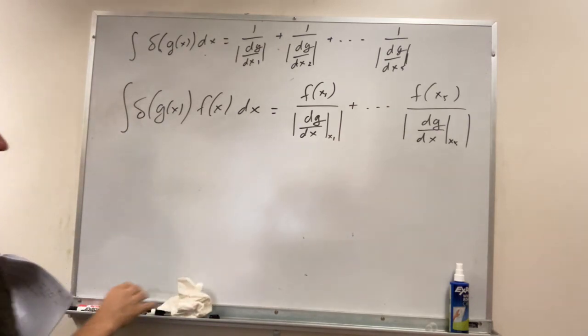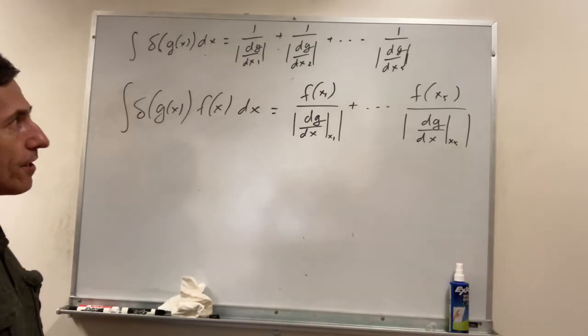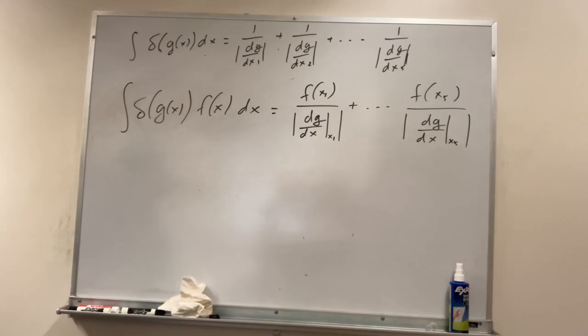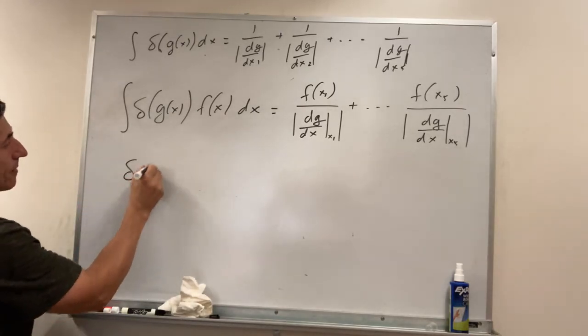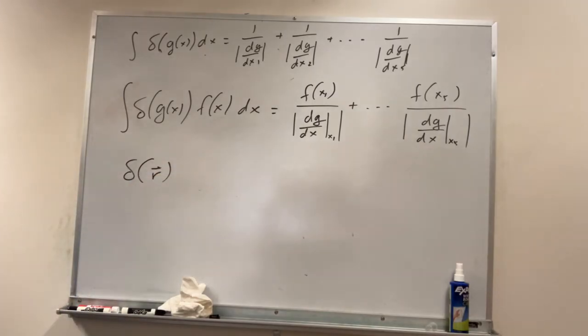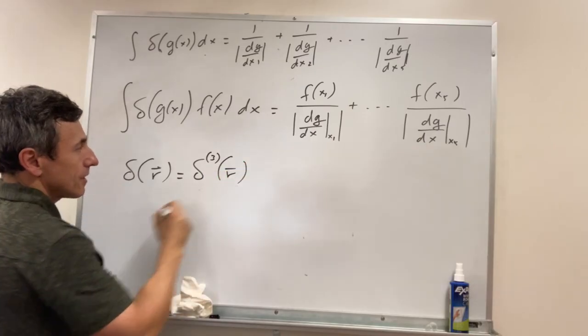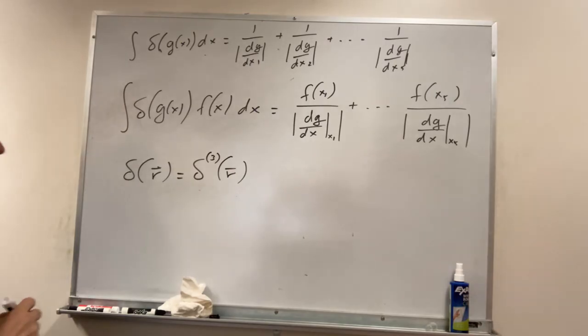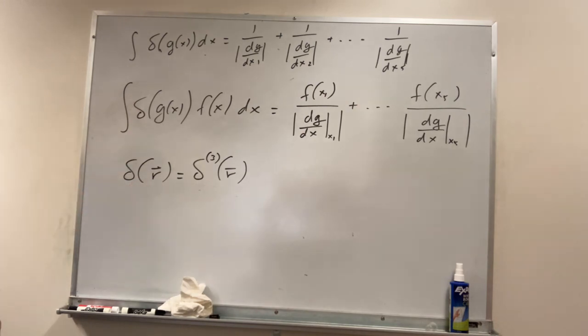So this is a delta function of a single variable, a one-dimensional delta function. We can generalize this expression for two-dimensional and three-dimensional delta functions. For example, when you consider a three-dimensional delta function which depends on the radius vector r, sometimes we can introduce some index 3, which means it's a three-dimensional delta function, and there are different notations. But it means that the three-dimensional delta function depends on the vector r, a three-dimensional vector.